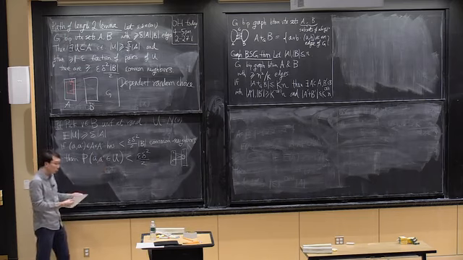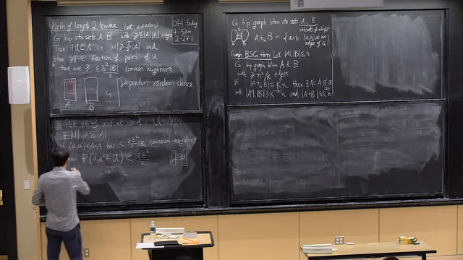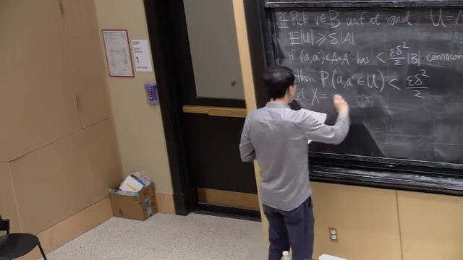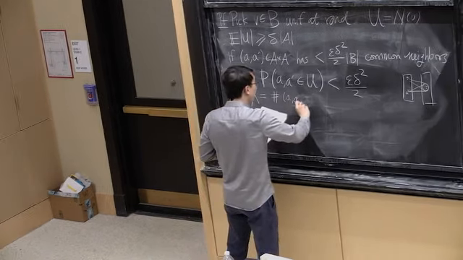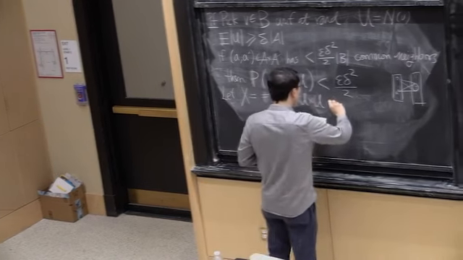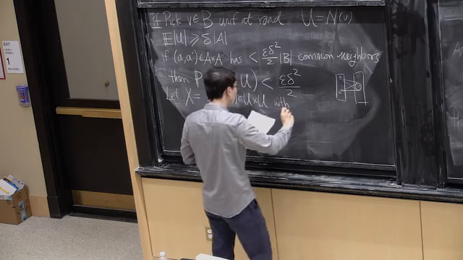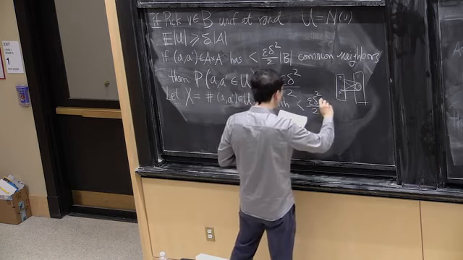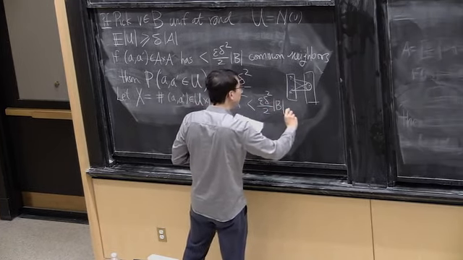And if you just think about how U is constructed, let X be the number of pairs A and A prime in U cross U with at most epsilon delta squared over 2 times the size of B common neighbors.